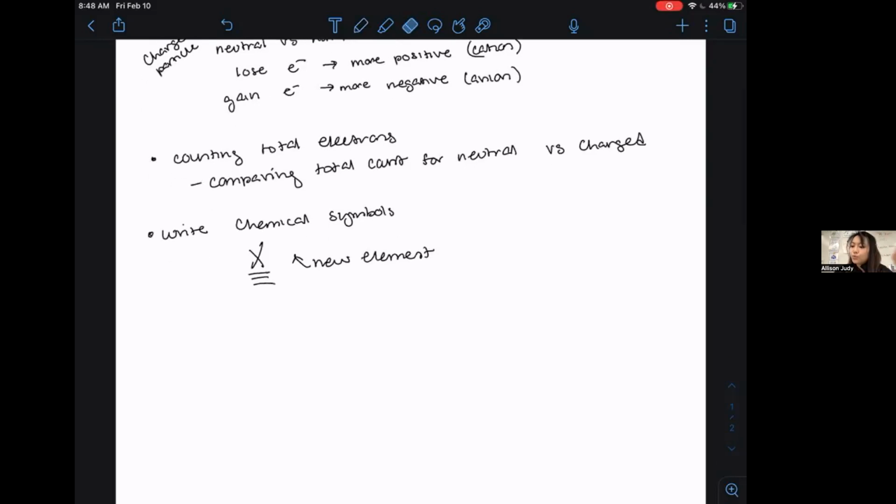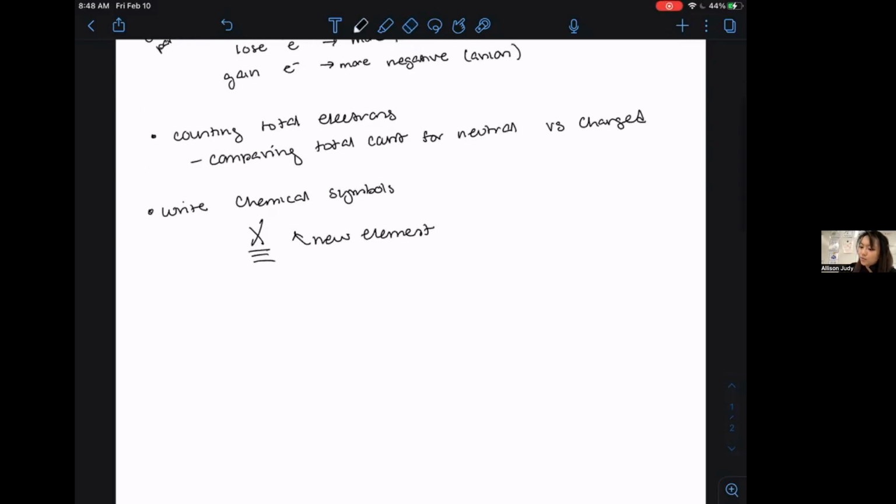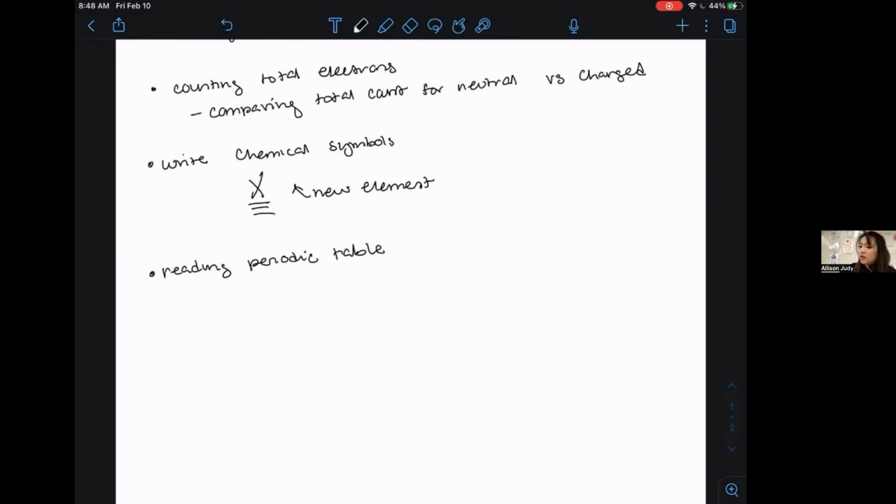Next skill was reading the periodic table. Apparently reading my own handwriting is also a skill. I gave you like a bingo set. A group number is a column number. What column am I supposed to be looking at?